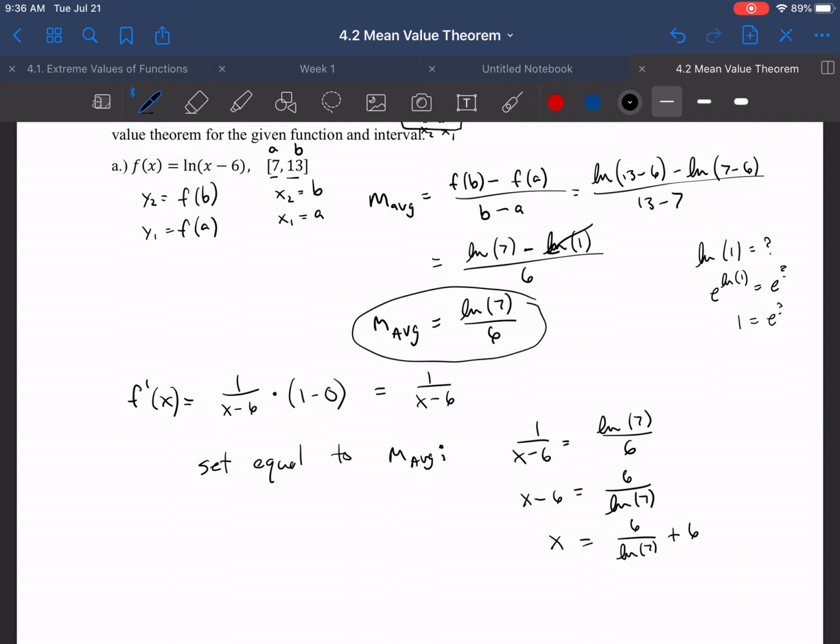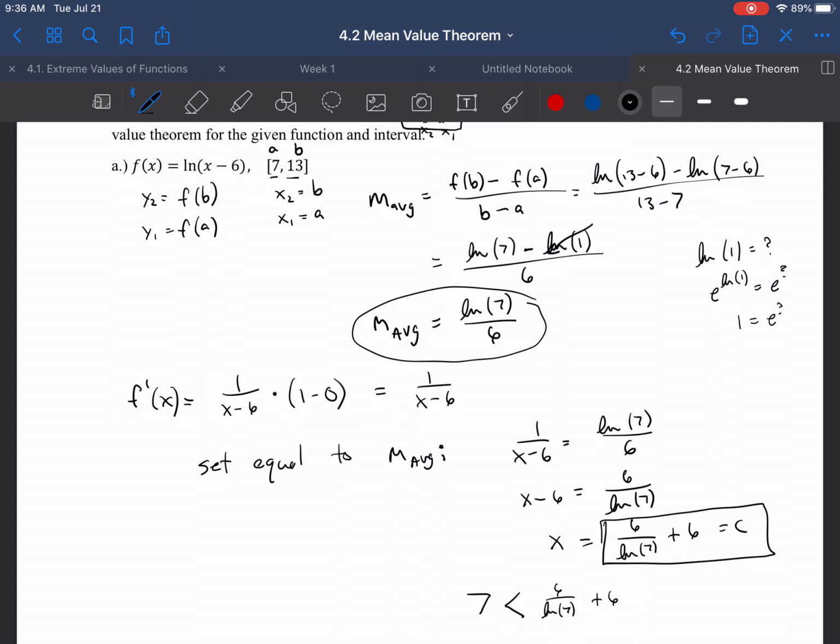And then that is our actual c value that we're looking for. So in other words, this is our value for c right here. And if you type this into a calculator, you will find that it is greater than 7.